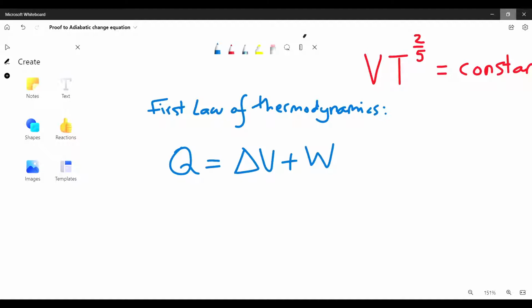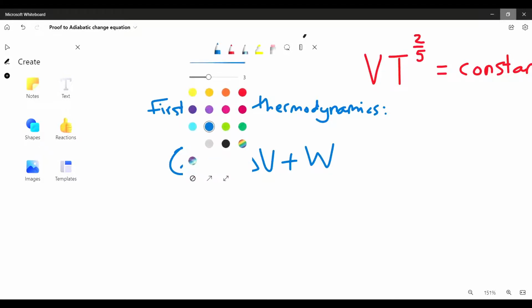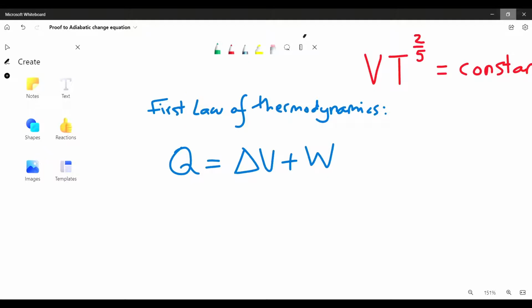So we can start from this, and we know that an adiabatic change is such that the heat transfer is such that Q is equal to 0.